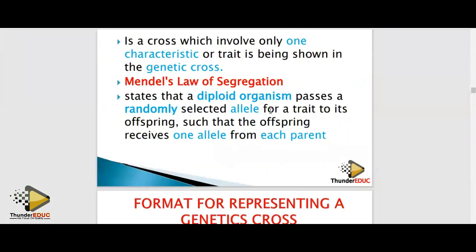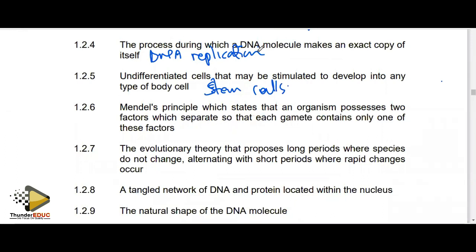The organism passes them randomly. We don't know which one, but it happens randomly. How do you pass this? We pass them through gametes, such that the offspring receives one allele from each parent. So this is Mendel's law or principle of segregation.